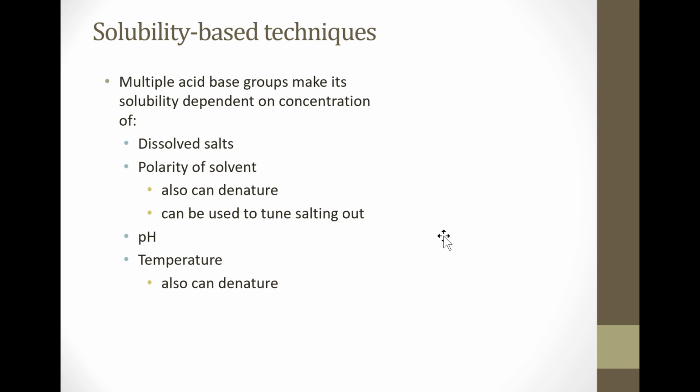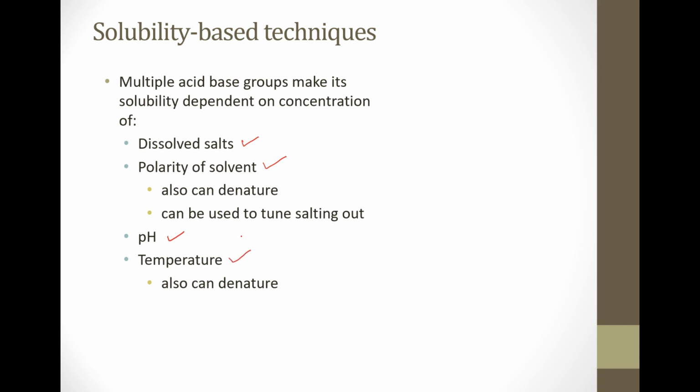And the environment can be altered to alter that protein solubility. And we can alter the environment by changing the degree of dissolved salts, the polarity of the solvent, which can cause denaturation. When something denatures, often it comes out of solution, the pH, and the temperature.